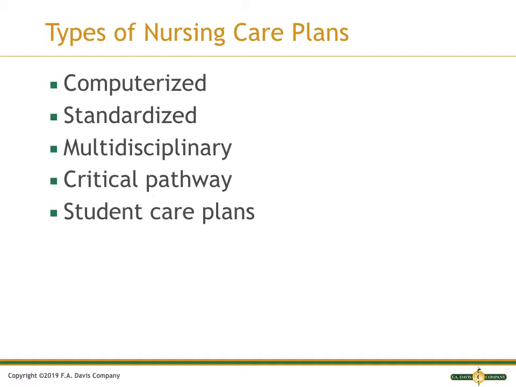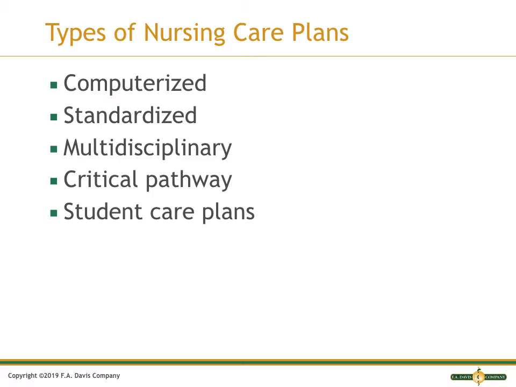Nursing care plans are not just things that you do in nursing school as busy work. You will see them in the hospital setting. Most hospitals have computerized care plans at this stage of the game. The RN is going to highlight or check appropriate nursing diagnoses, goals, and interventions, and the care plan will be available to all nursing staff.